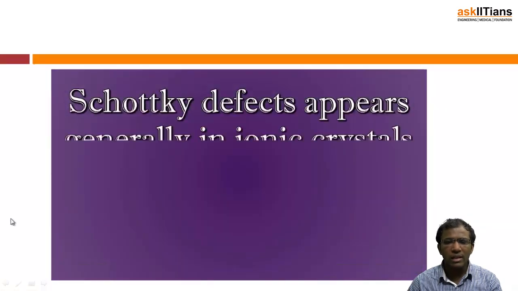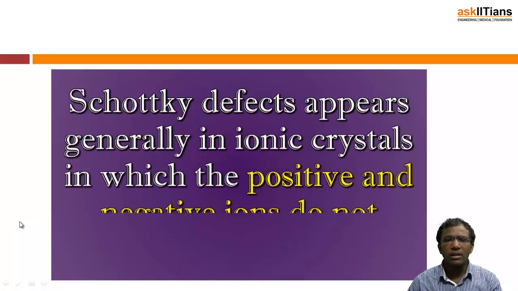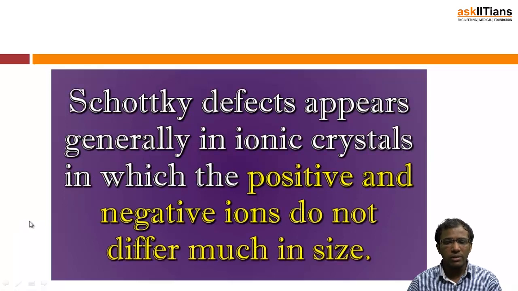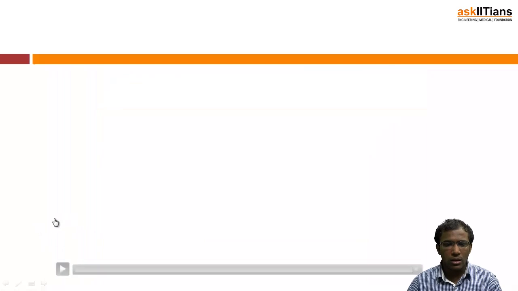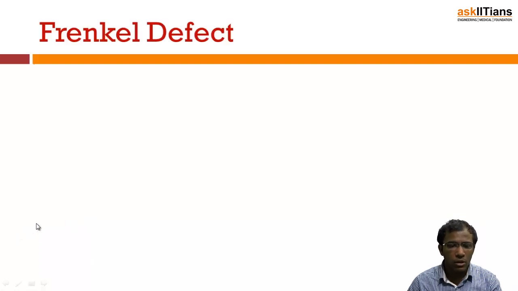The Schottky defect appears generally in crystals in which the positive and negative ions do not differ much in size. As I already discussed, this defect happens in crystals where there is not much difference in the size of cation and anion. So let's go to the next defect, that is the Frenkel defect.